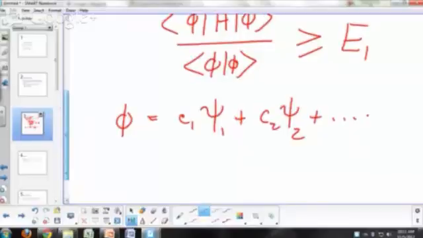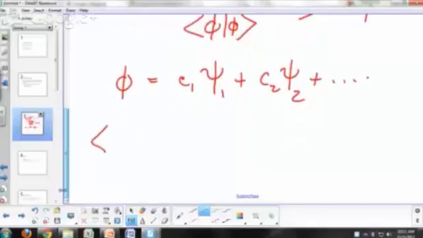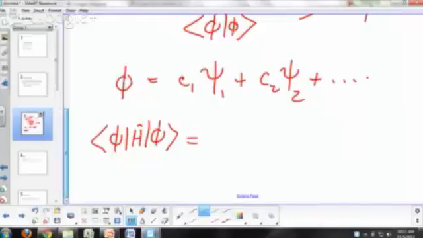So what would your phi h hat phi in bracket notation be equal to? Let's write this in integral form. This is going to be phi star h hat phi d tau, where d tau is integration over all possible space.